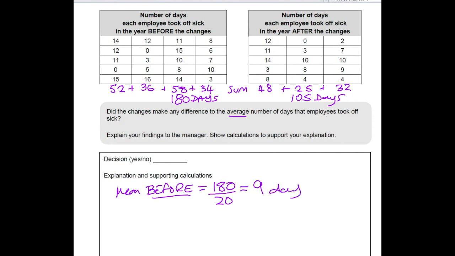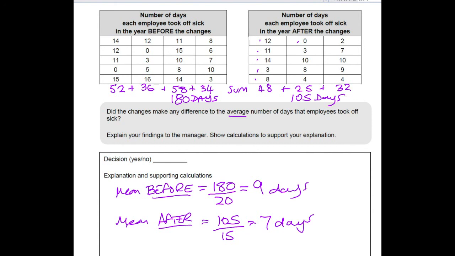So the mean is 9 days before the change. The mean after the change is the total 105 days, but this time we have 15 bits of data, which is 7 days.